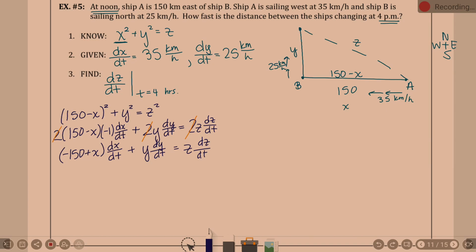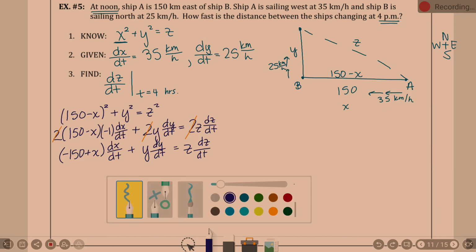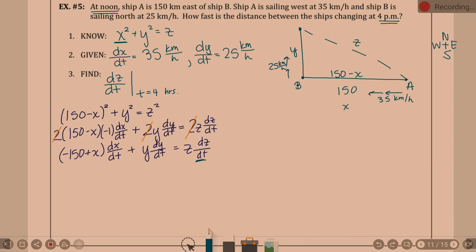Okay, now it's a matter of, do we know everything? Okay, and somehow or another we do. We just have to find a bunch of stuff. So we're trying to find dz dt, right? That's the one thing I don't have to worry about right now. I need to know x, y, z, dx dt, dy dt.